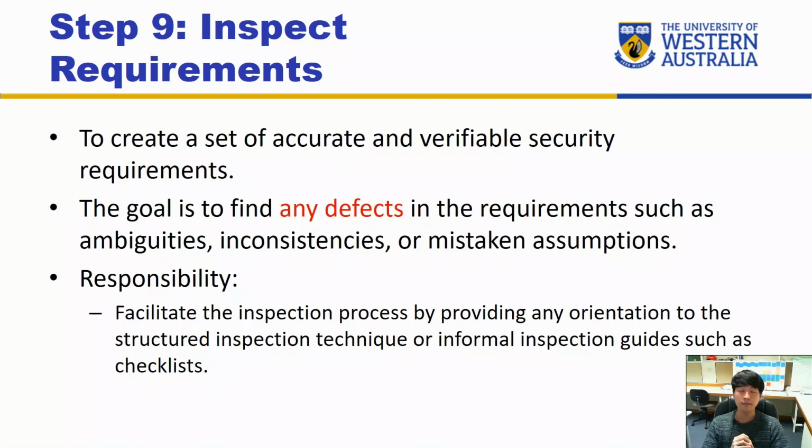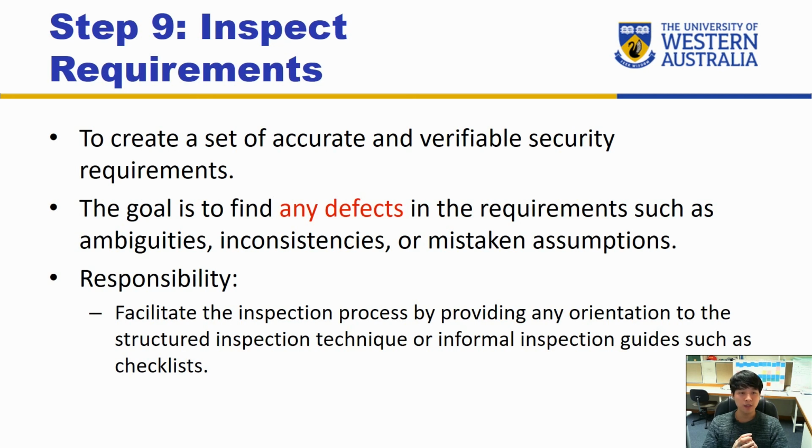Okay? And the final step is to inspect requirements. To create a set of accurate and verifiable security requirements, the goal is to find any defects in the requirements such as ambiguities, inconsistencies, or mistaken assumptions. So what you want to achieve here is to facilitate the inspection process by providing orientation to the structured inspection technique or informal inspection guides such as checklists.